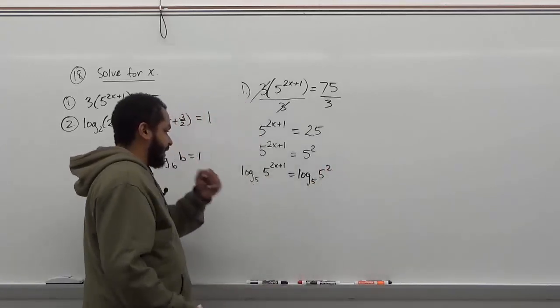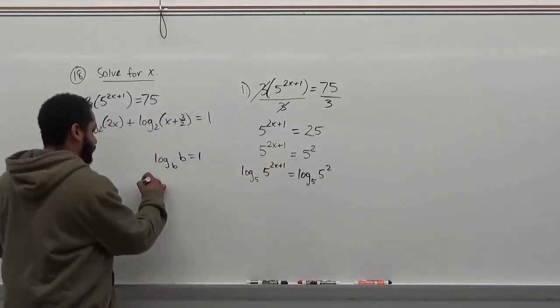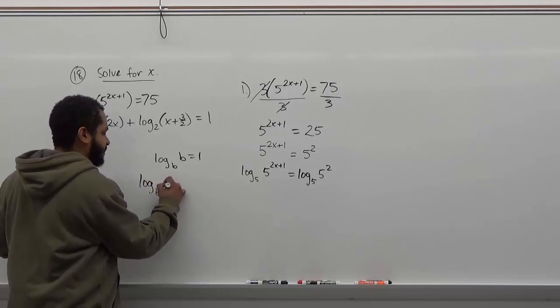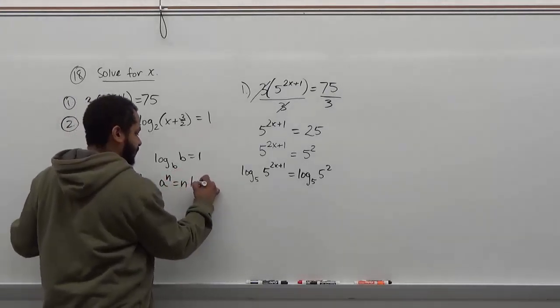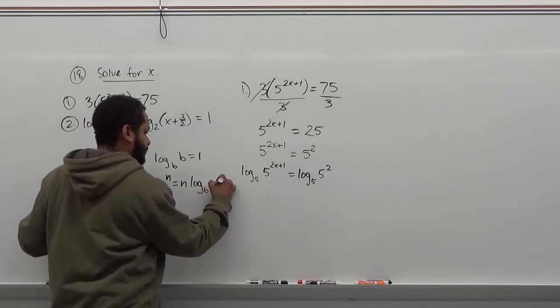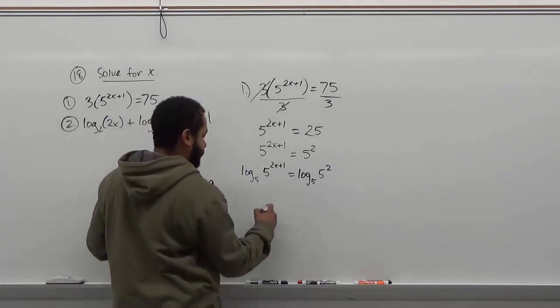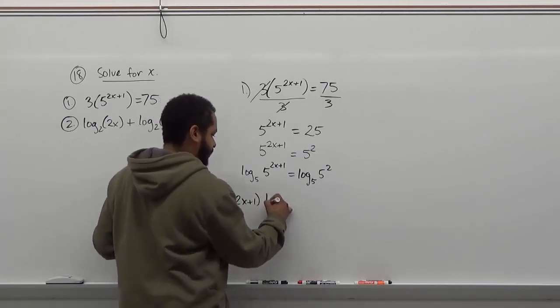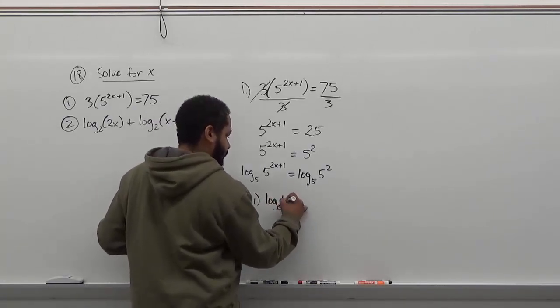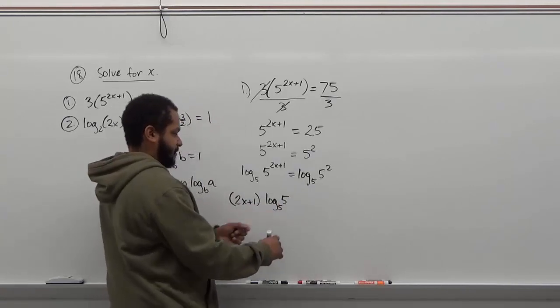And what happens next is the exponents come down with the rule of logs, in which the log of any base of a term with an exponent, the exponent comes to the front of the log with the base and a term. And so here the 2x plus 1 becomes the scalar multiplier in front of the logarithmic term, or in other words the coefficient of the log term.